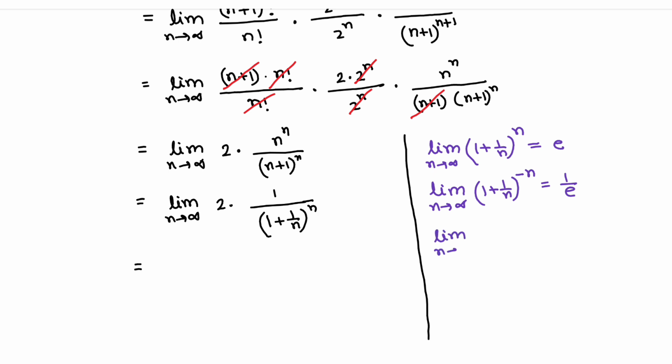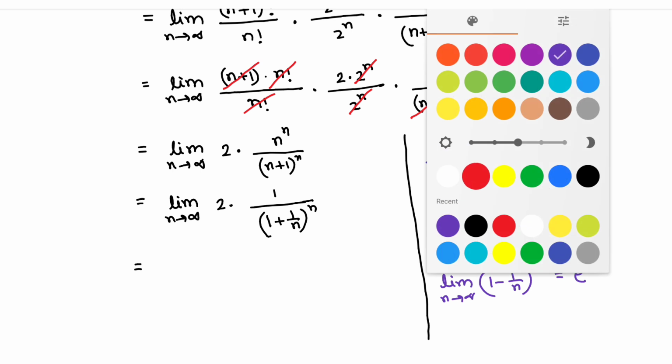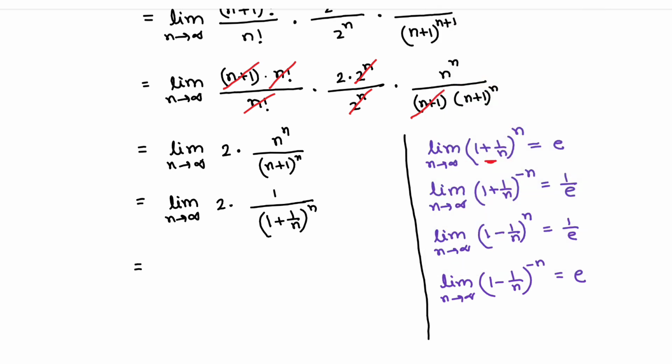Limit n tends to infinity 1 minus 1 by n whole to the power n is again 1 by e. And limit n tends to infinity 1 minus 1 by n whole to the power minus n is equal to e. Clear? When this sign and this sign are the same, the result will be e, and when the signs are opposite, the result will be 1 by e.